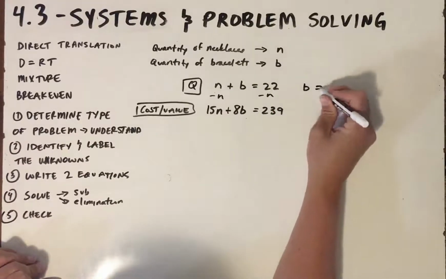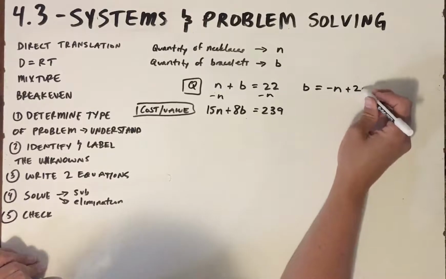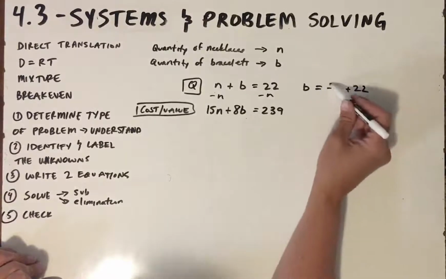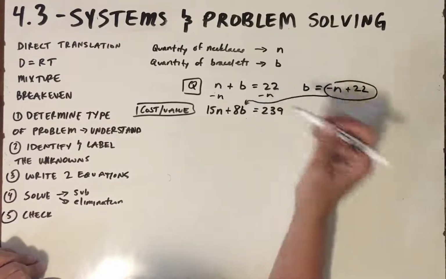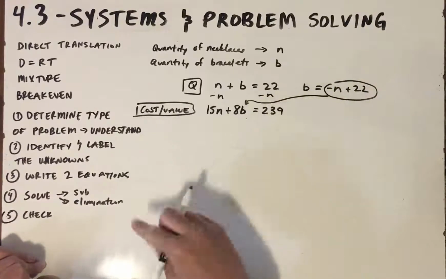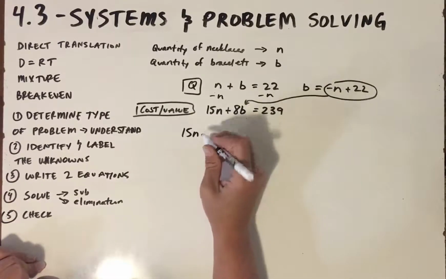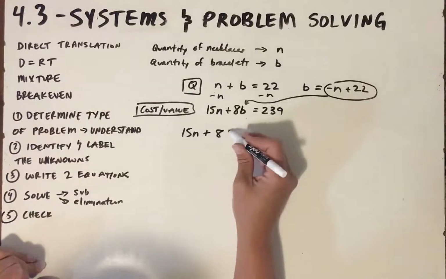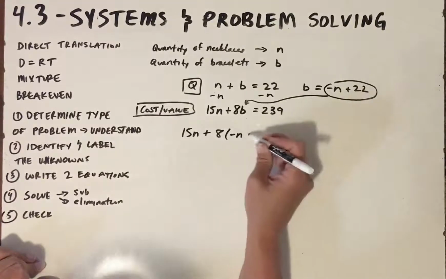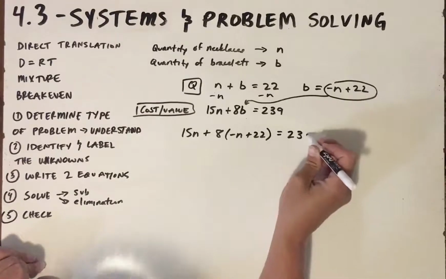So b is going to be equal to negative n plus 22. I'm going to take this value, because if b is this, I can substitute that into the other equation. So we get 15n plus 8b, which is negative n plus 22, is equal to 239.